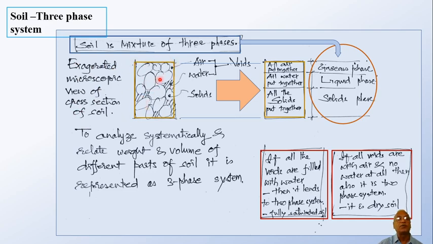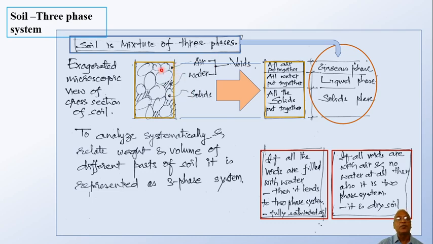All these are solid particles, and some of the space between the particles, which will be referred to as voids, is occupied by water. Some other voids are occupied by air. Both air voids and water voids are termed just voids, and these are the solid particles.